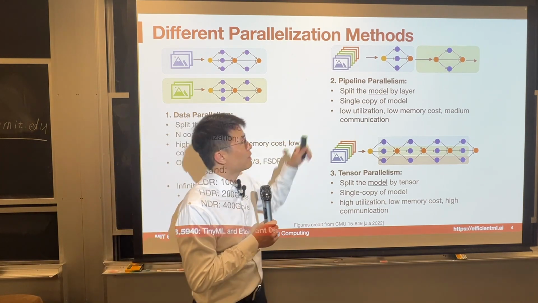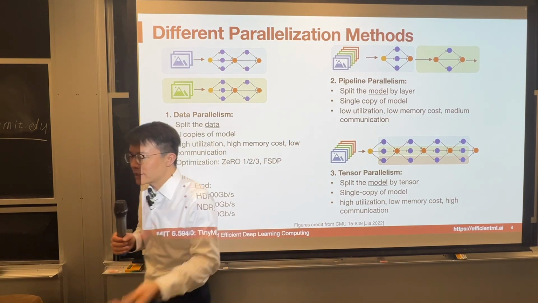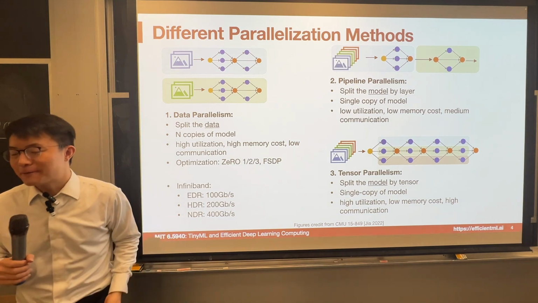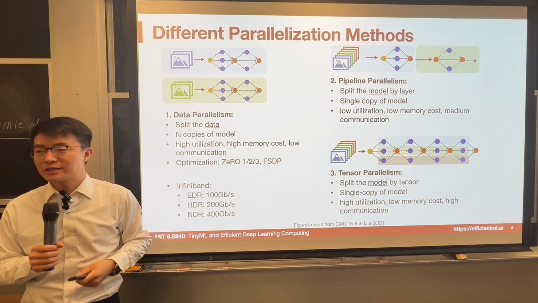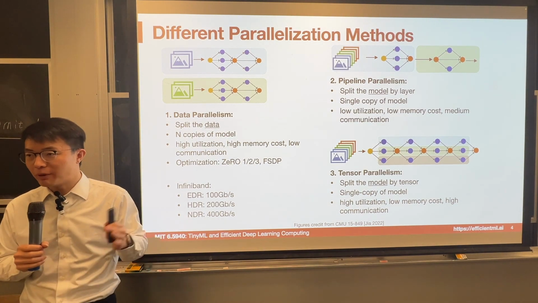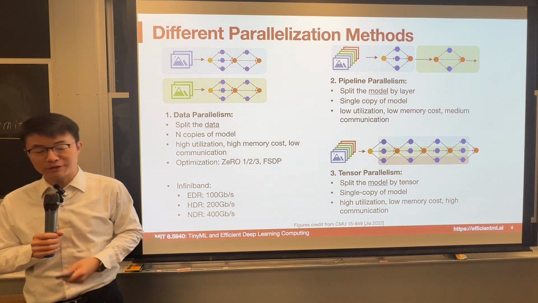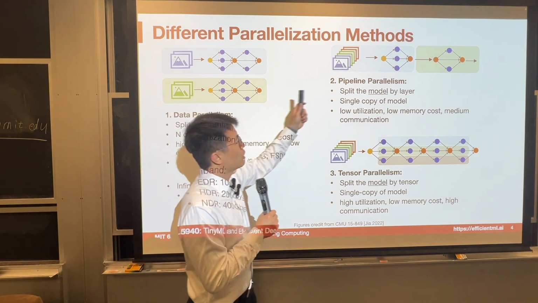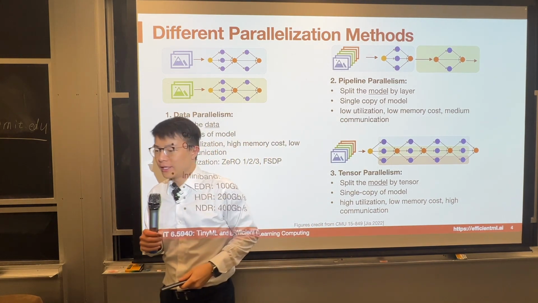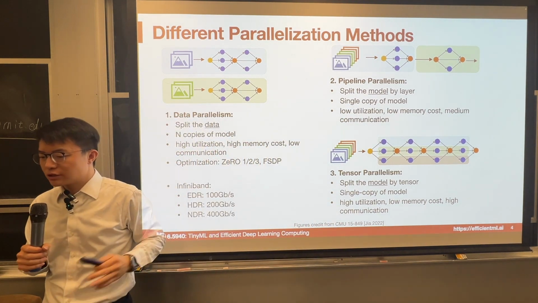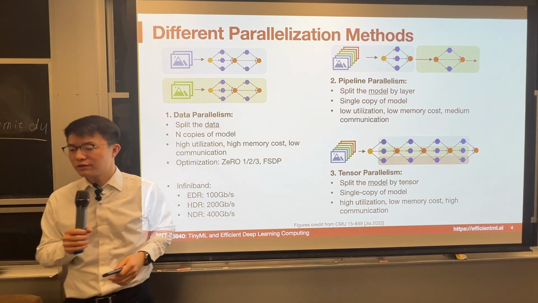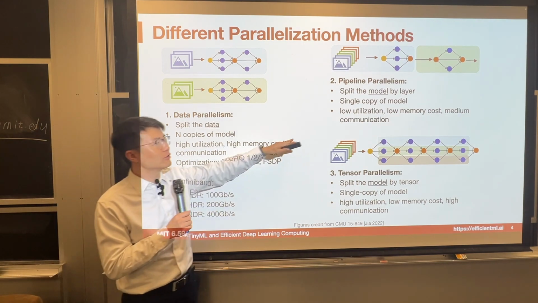So for the pipeline parallelism, we want to split the model by the layer. So each GPU is processing a certain kind of layers, and we pipeline them together, just like the pipeline stages in the computer architecture. After splitting the model by layer, we can have a single copy of the model across different GPUs that may have low utilization.